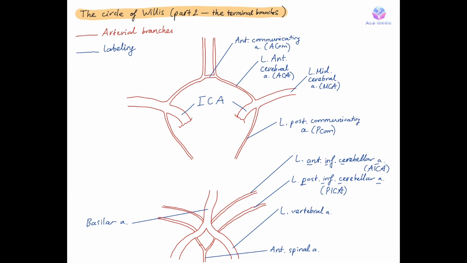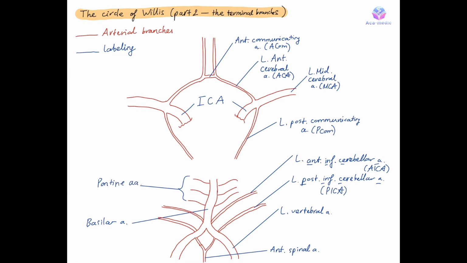Okay, then the basilar artery will continue to go superiorly like this, and on the way it will give out some branches that are going to go to the pons and supply the pons with blood. And these branches are collectively going to be known as the pontine arteries.